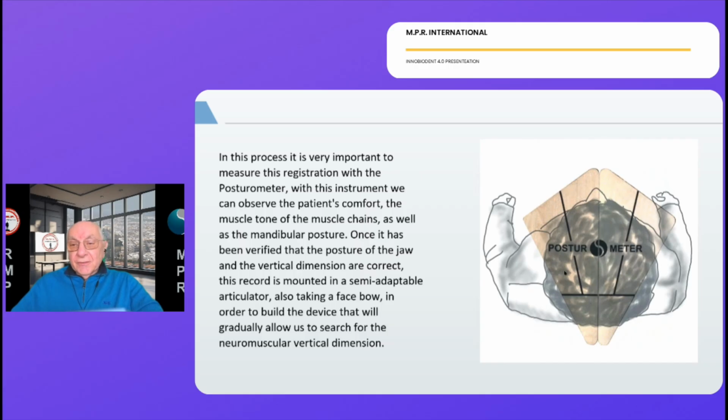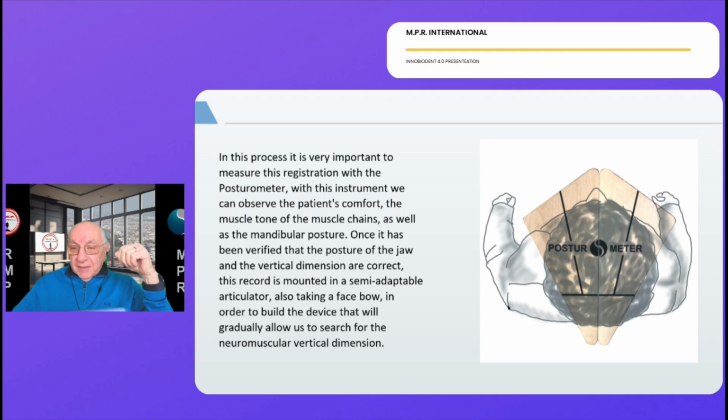In this stage of the protocol, it is essential to measure and validate the vertical height registration. That's why the posturometer is important. This clinical instrument allows us to assess multiple parameters simultaneously: the comfort of the patient, the postural comfort, the degree of muscle tone, the relaxation of the global muscle chains, and the spatial orientation of the mandible.